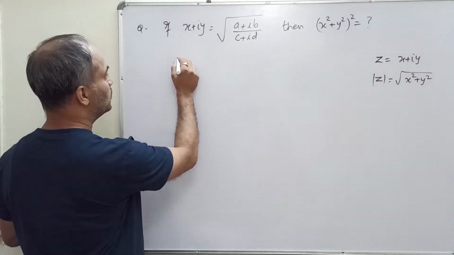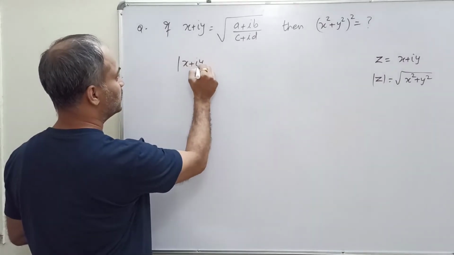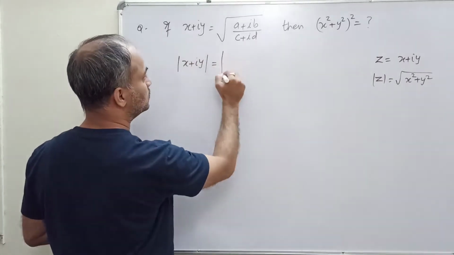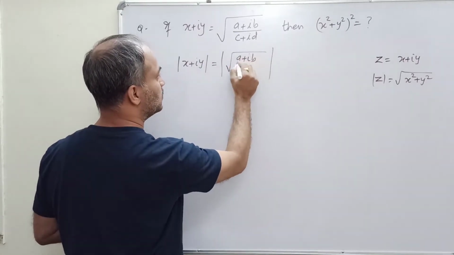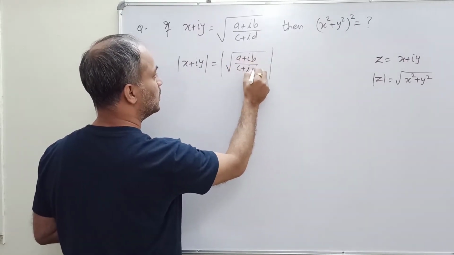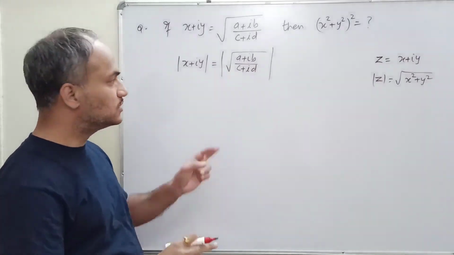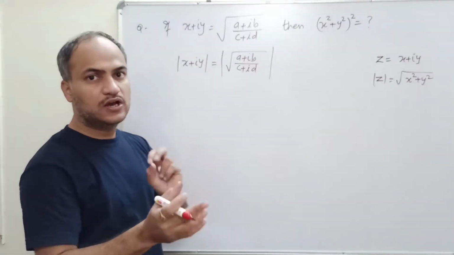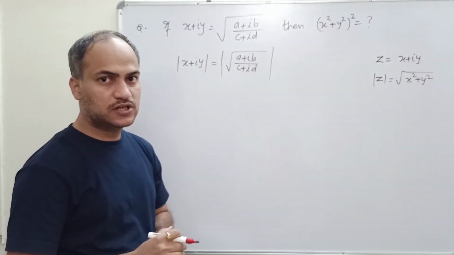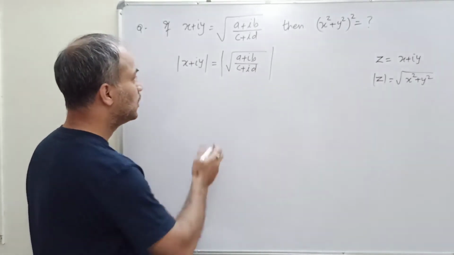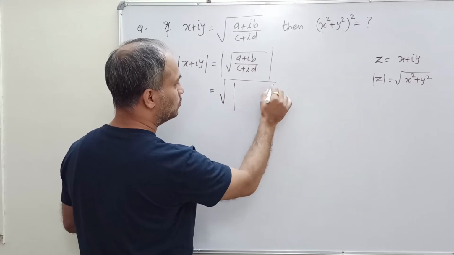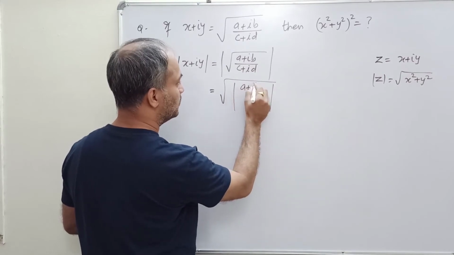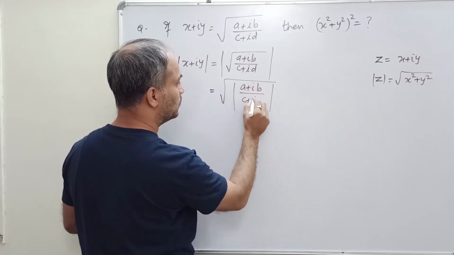So when we take the modulus, we get modulus of x plus iota y is equal to modulus of a plus iota b upon c plus iota d. But modulus and square root, we can shift this operation. This can be interchanged, so we will do the square root later and do the modulus first.